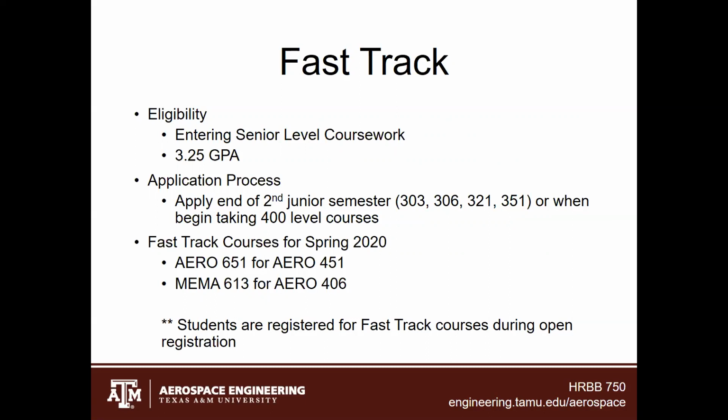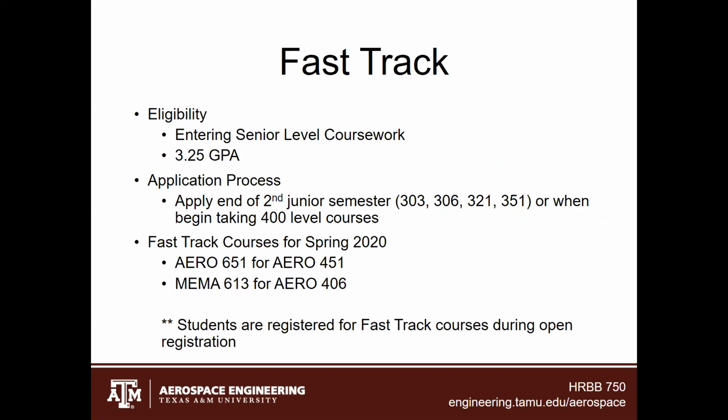We review the application, approve it or deny it, and then you pick which fast track courses you want to take, and then that semester you get a professor to sign off. So currently, and this could change, but on the schedule for spring 2020, 651 is being taught, and it will count for 451, and the MEMA 613 should be taught and count for 406.